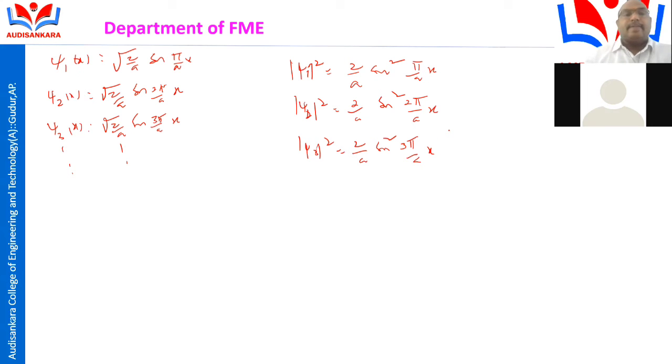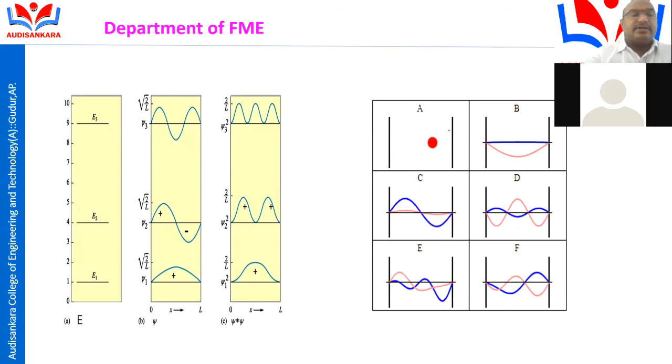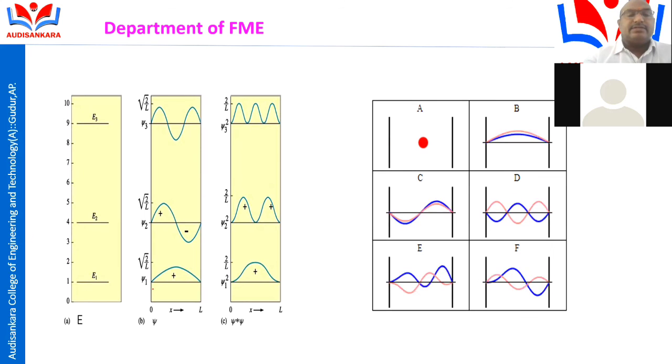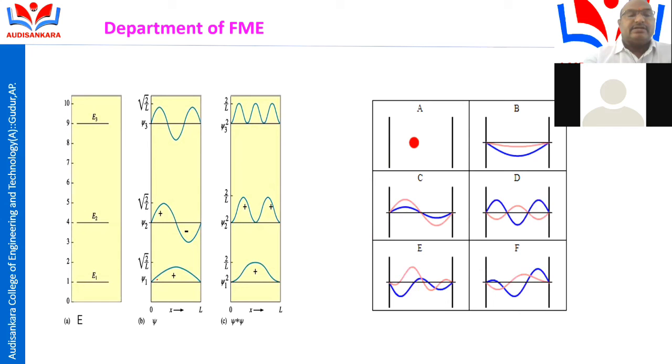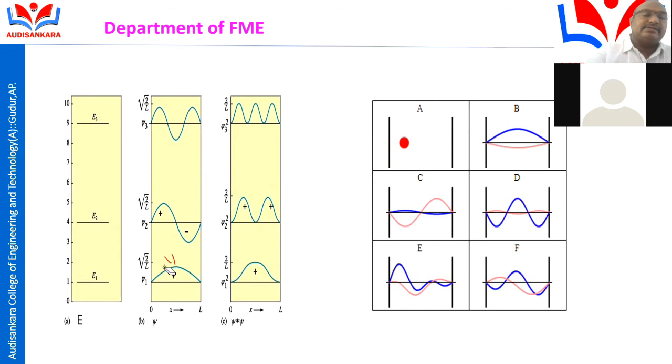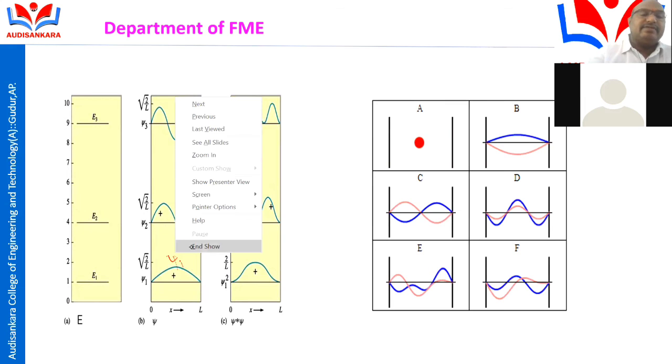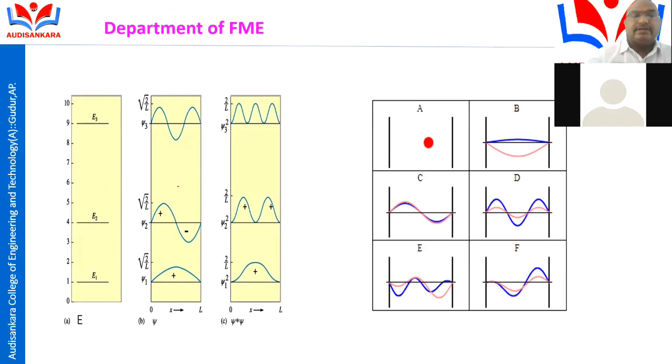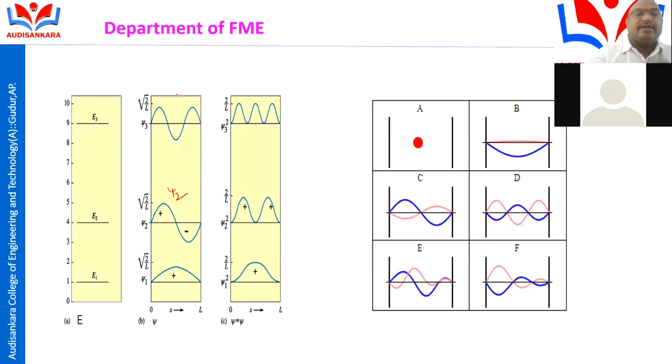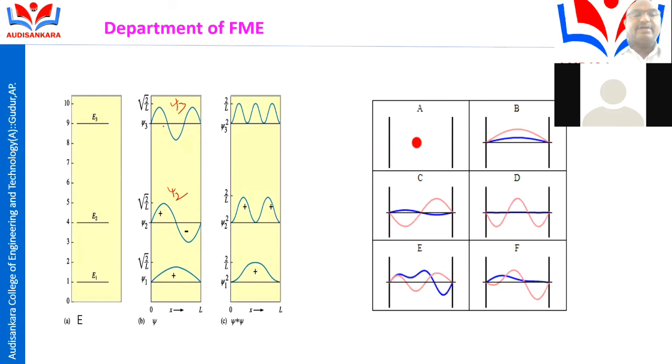And the corresponding eigenwave function values are E1, E2, E3. So that is the probability wave function, psi 1x, psi 1 value, and another one is psi 2 value, another is psi 3 value.